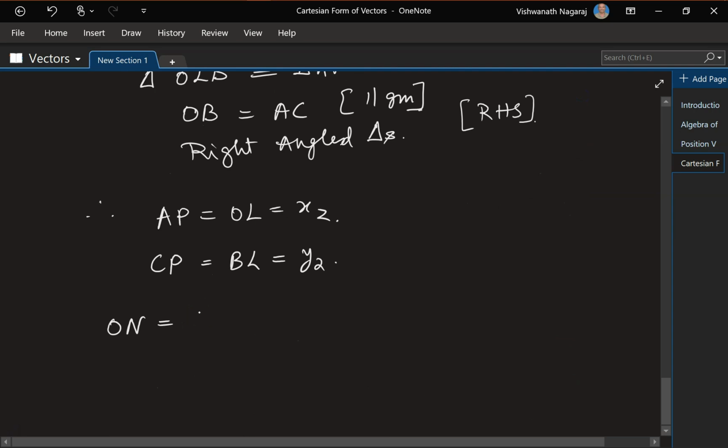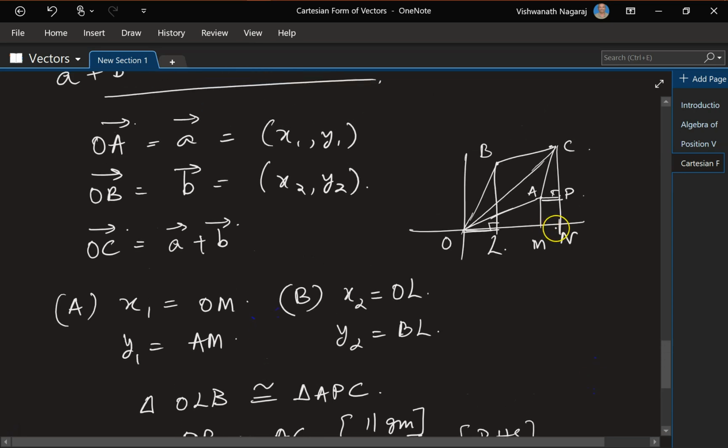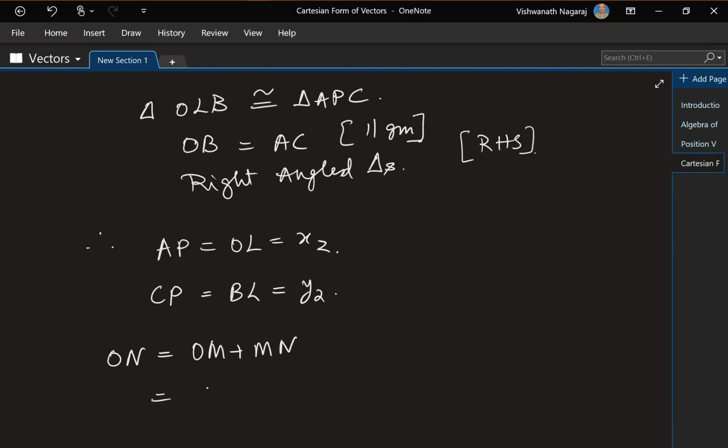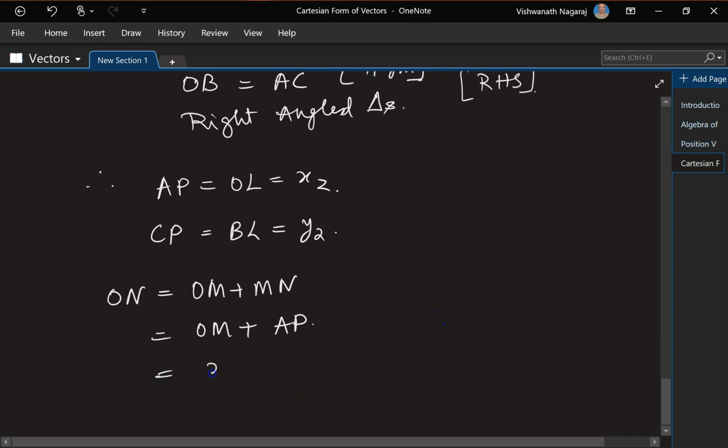So ON is equal to OM plus MN. Now MN is equal to AP, right? Because they are parallel lines and between the same two parallel lines. So we can write OM plus AP, which is equal to X1 plus X2.